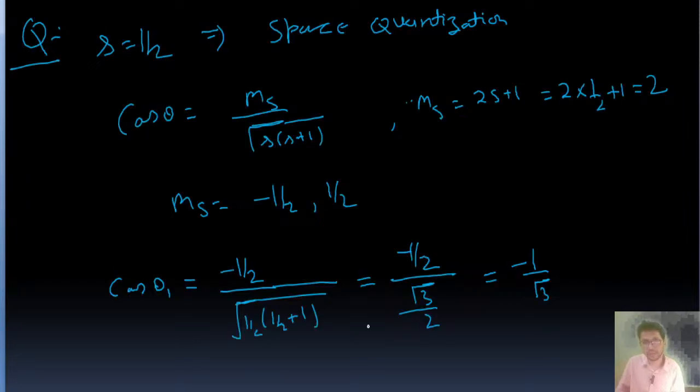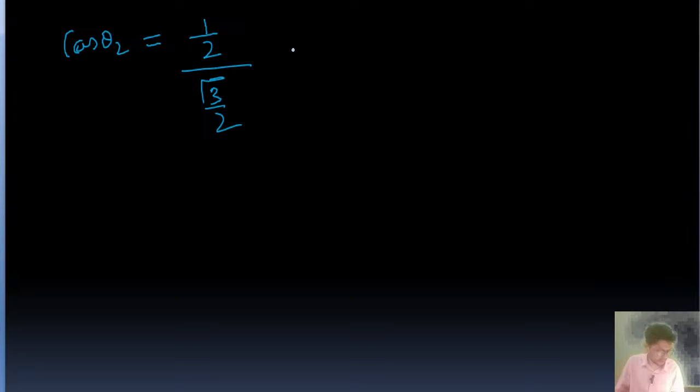Cos theta 2 value is going to be 1 upon 2, because ms value is this, upon root 3 by 2, because this value we have already found, right? The 2 and 2 will get cancelled.